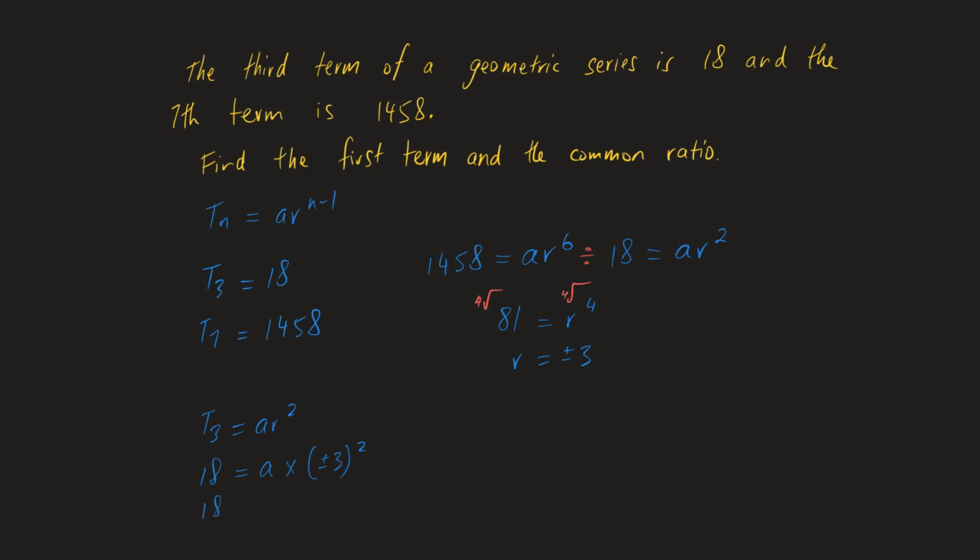That's going to equal 9 once I square it. Dividing both sides by 9, A is going to equal 2. So our first term is 2, and our common ratio can be plus or minus 3.